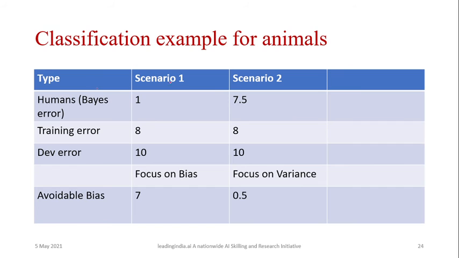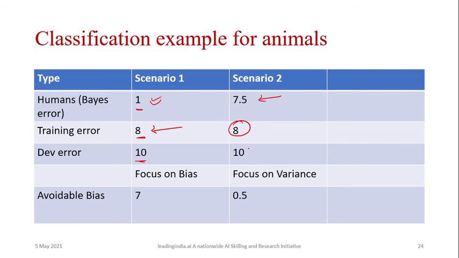Now, suppose human error is 1, your training error is 8, and your dev error is 10. Then what will you do? You will take care of this point, because your training error is very high compared to human error. In a second scenario, suppose human error is 7.5 and your model error is just 8.